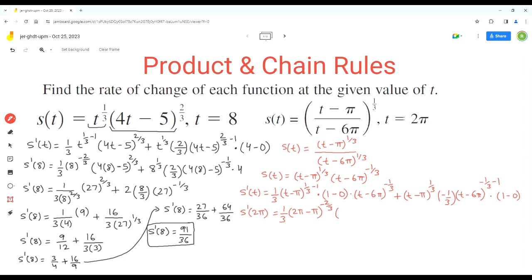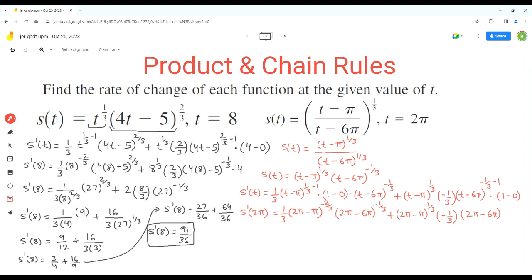And in the next parentheses, we'll sub in t as 2 pi, minus 6 pi, and then exponent negative 1 over 3, plus, now again (2 pi minus pi) exponent 1 over 3 times negative 1 over 3 times now (2 pi minus 6 pi) exponent.